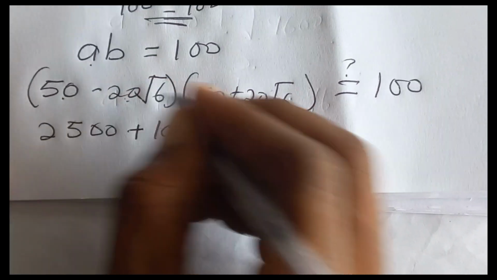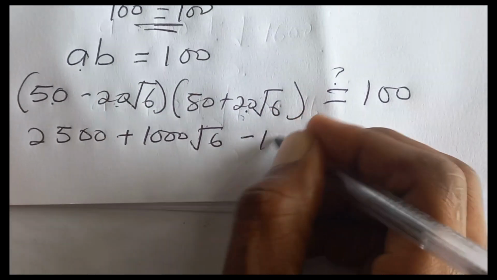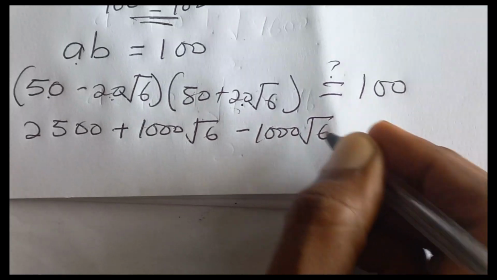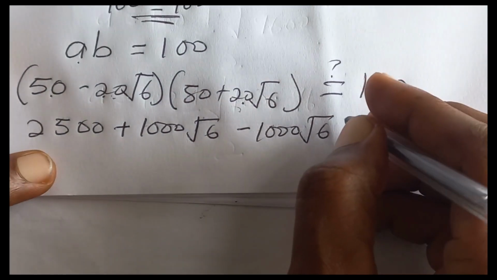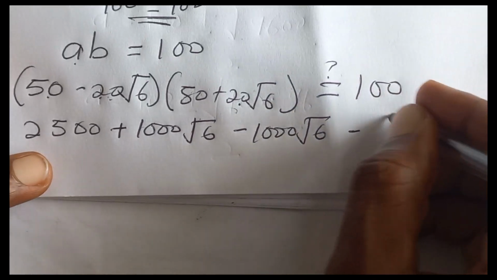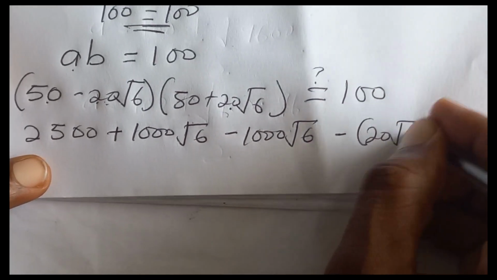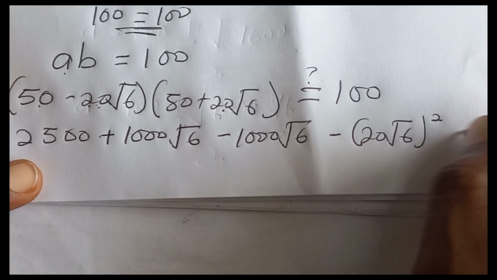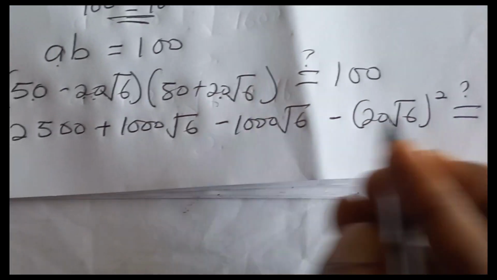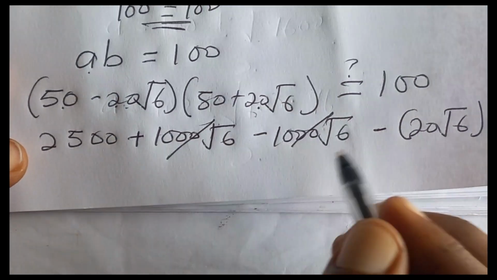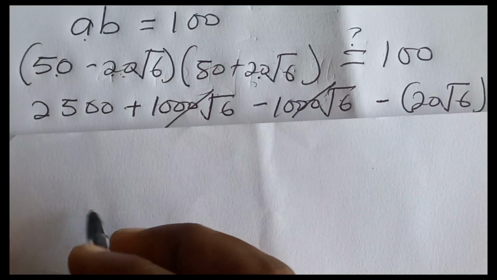Then this and this minus 1000 root 6. Then this multiplied by this, we are going to get minus into bracket 20 root of 6 all squared. And this should give us 100. Okay. Now we can cancel these ones out. So let's continue from here.